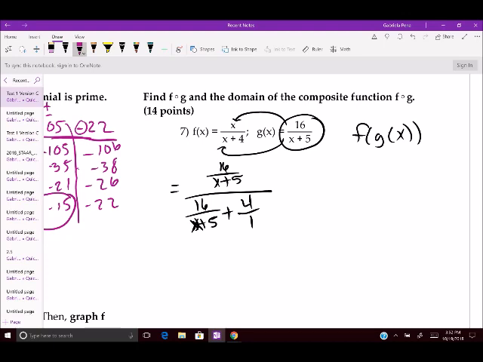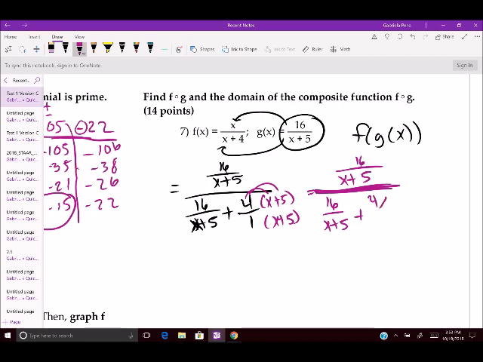And by looking at it, the only way you could add fractions is if we have the common denominator. So this is why we're going to be multiplying by x plus 5. So this is going to become 16 over x plus 5, over 16 over x plus 5, plus, we have to distribute here, 4x plus 20 over x plus 5.